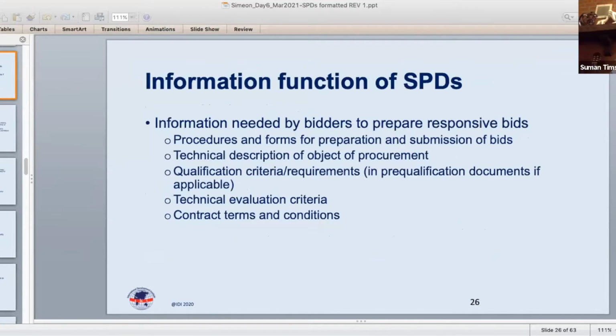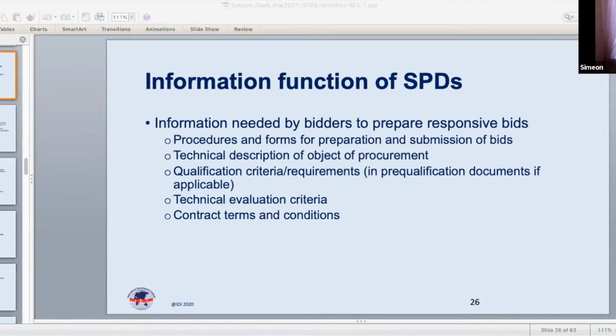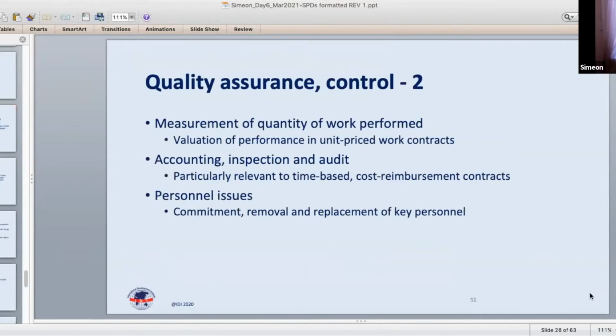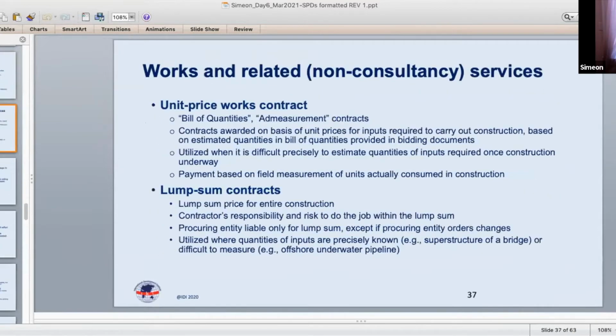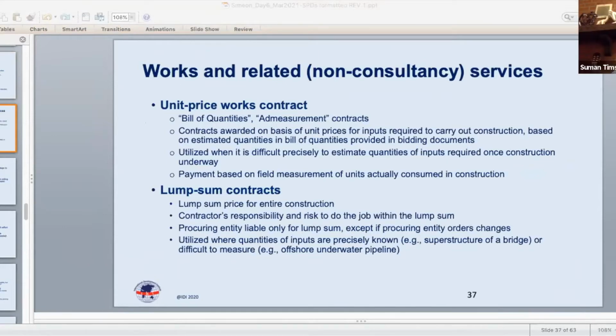I think we are good, Simon. We are on slide number 26 right now. I want to bring it to slide 37. Okay, we are good. Do you see me turning the slides? Yeah, you are good. We can see you on slide 37.